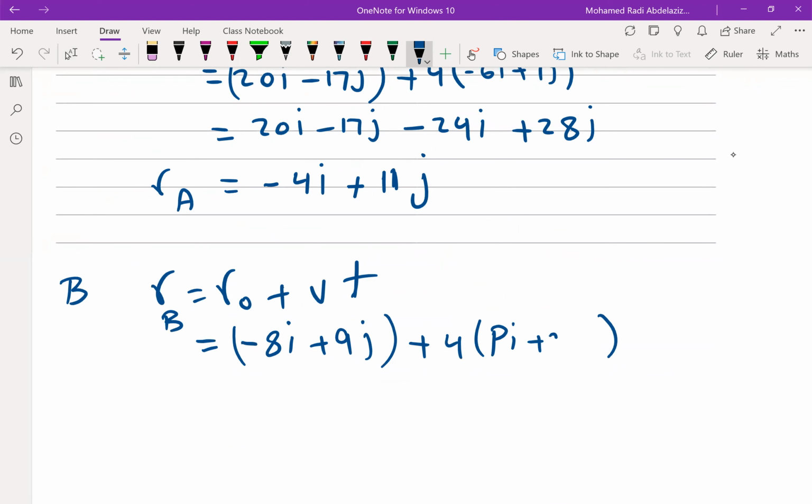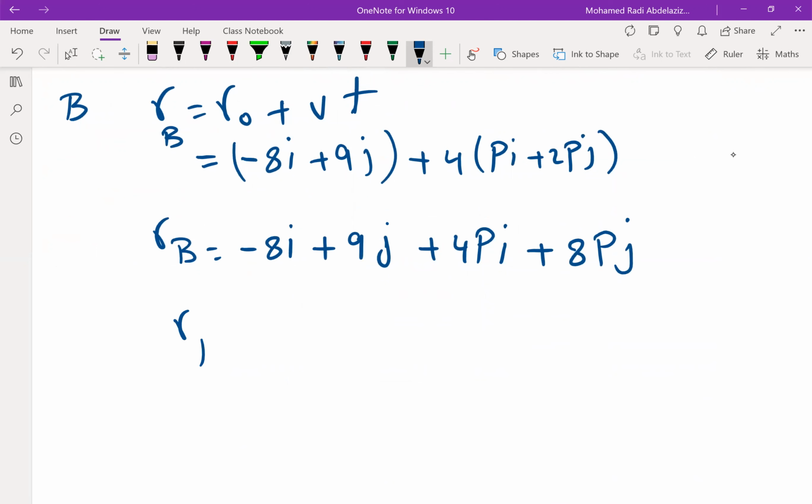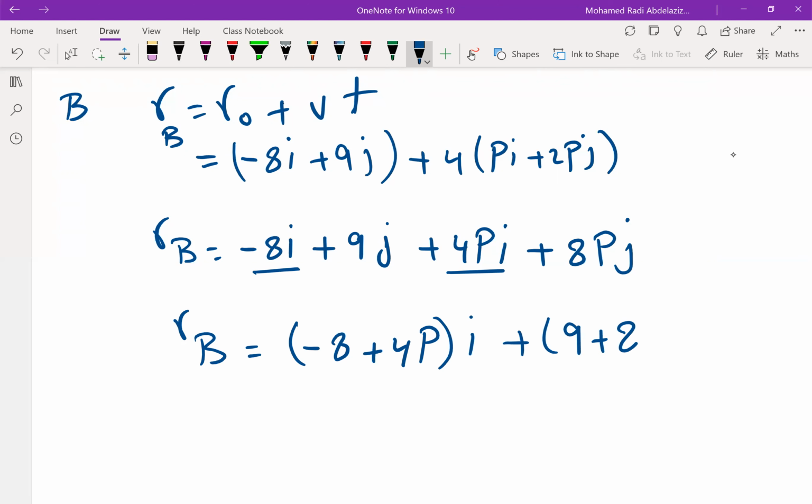You can simplify your answer and write it in terms of p: minus 8i plus 9j plus 4pi plus 2 by 4 is 8pj. Simplify, R of B is minus 8i plus 4pi. For j, 9 plus 8p in the direction of j.